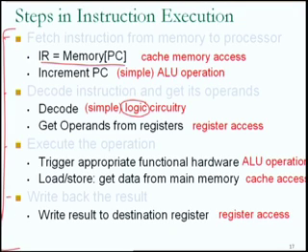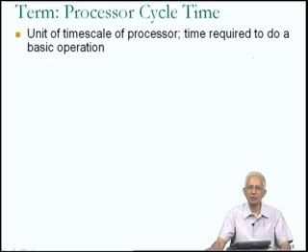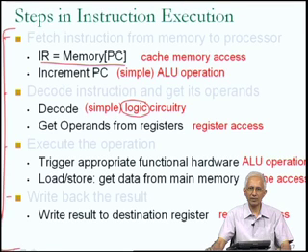So now looking at these sub-steps in the execution of an instruction, we realize that some of them involve a memory access, some of them do not, and each of them involves an operation inside the processor. We could possibly try to simplistically view these as the determinants of the amount of time for a processor cycle. In other words, we might say that a processor cycle is the amount of time in which any one of these primitive steps, the simple operations in the execution of an instruction, might take place.